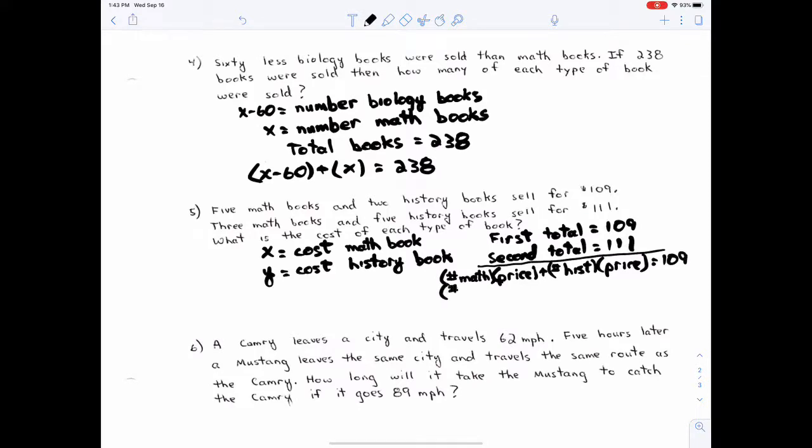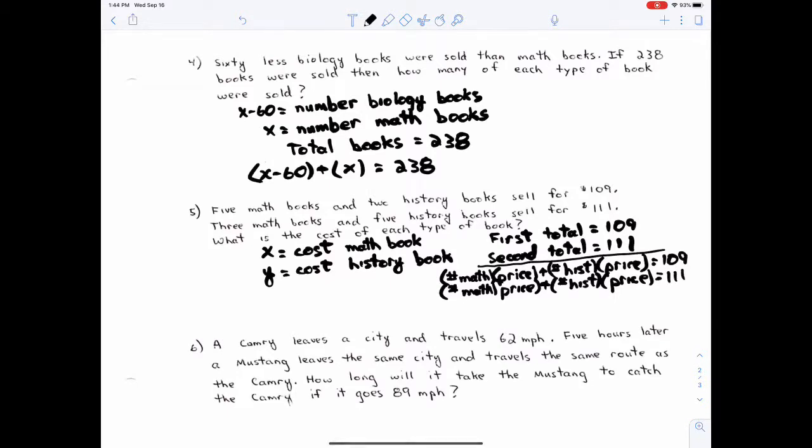The number of math books times the price plus the number of history books. And this idea that a total's the sum of two things, and then the cost of something is the number of items times the price of one item. So that's why I'm not going into a lot of detail here.